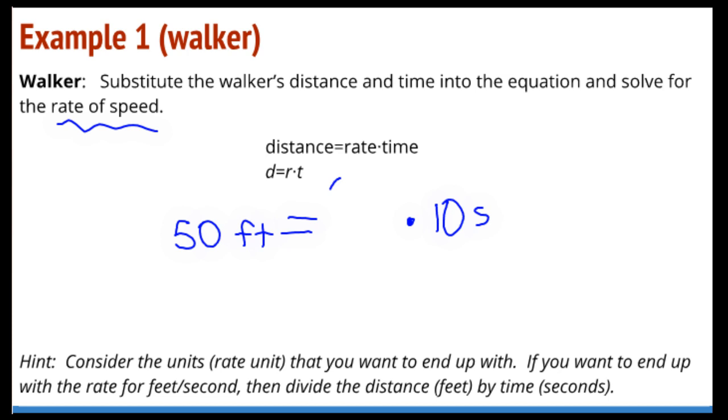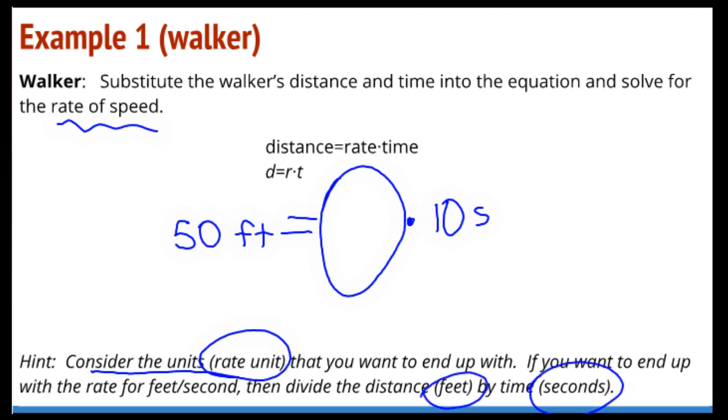And then we are going to be looking for this missing information, this rate here. And there is a hint down here. It says consider the units, the rate unit that you want to end up with. And if you want to end up with the rate for feet per second, then you divide the distance, feet, by the seconds.